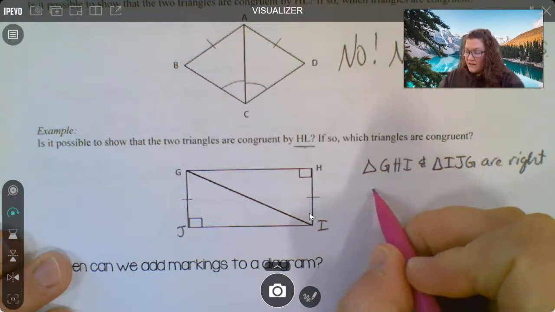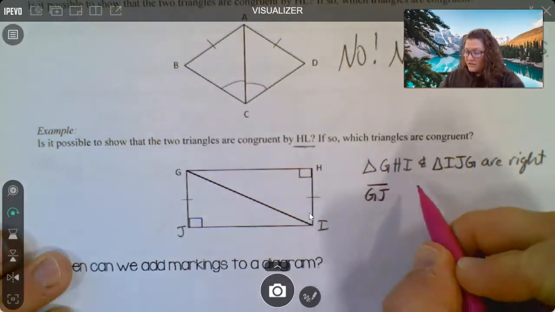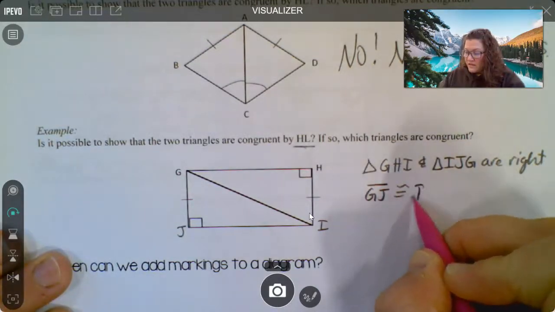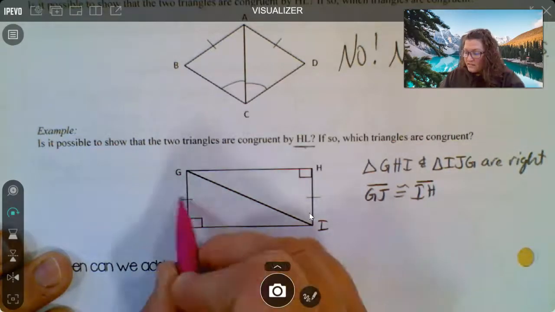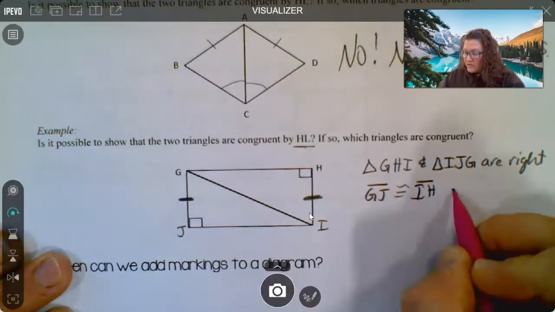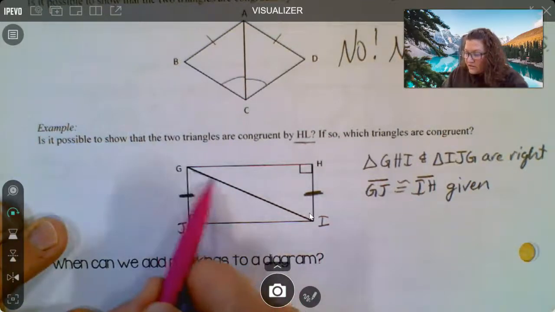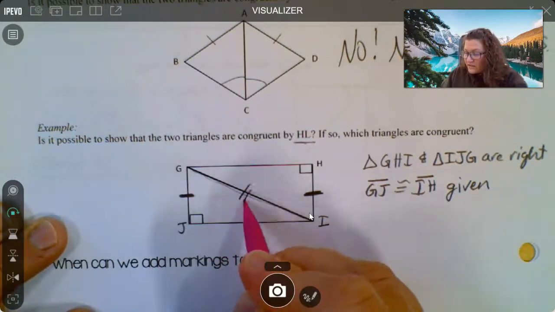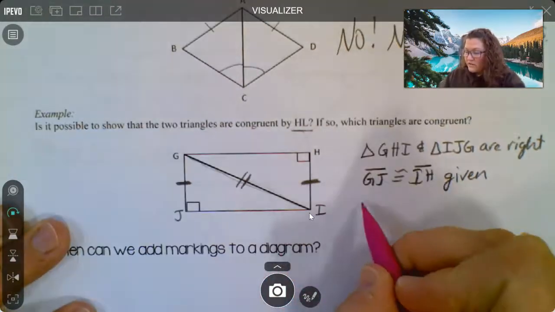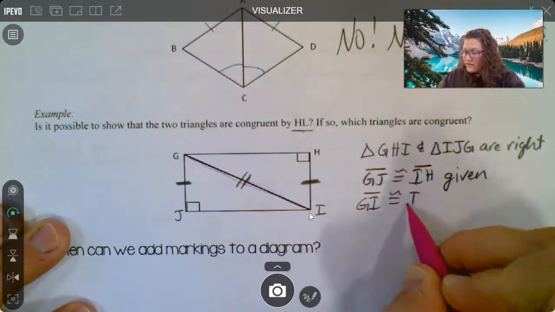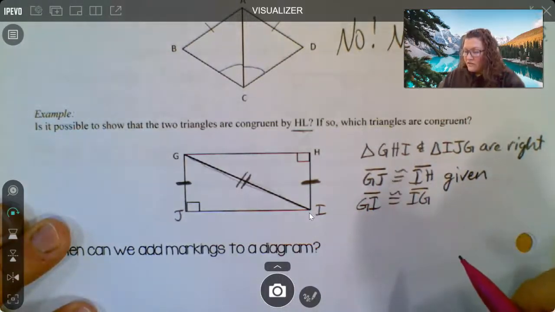And then I have side GJ is congruent with side IH. And that is marked with this tick mark, so that's given. And then I have right here GI is shared on both triangles. So GI is congruent with side IG for the other triangle.